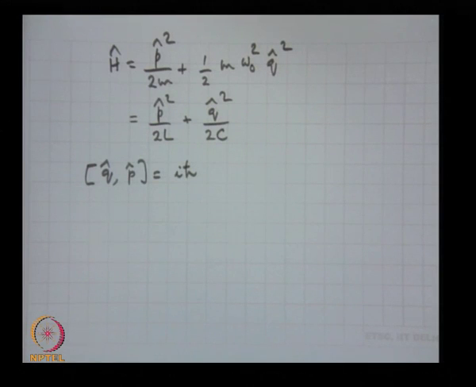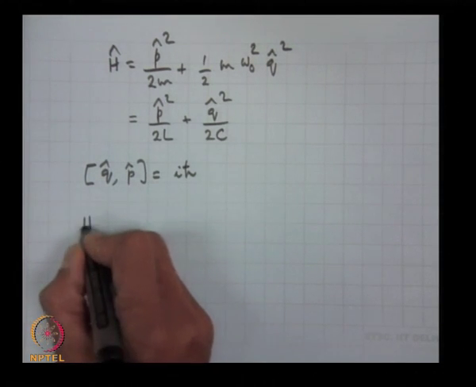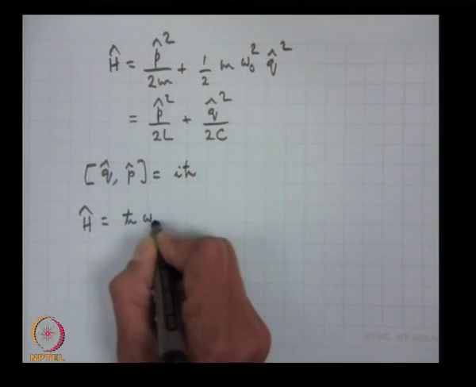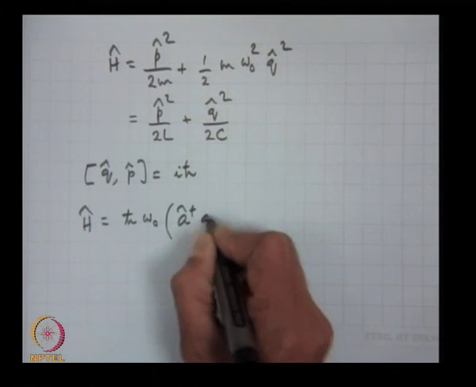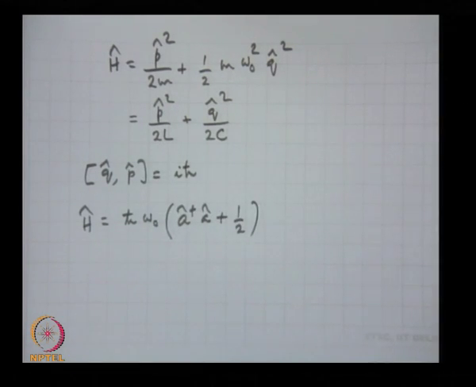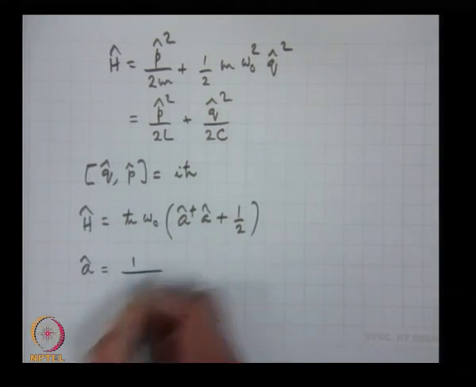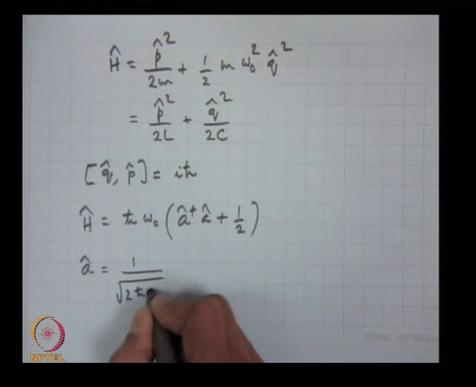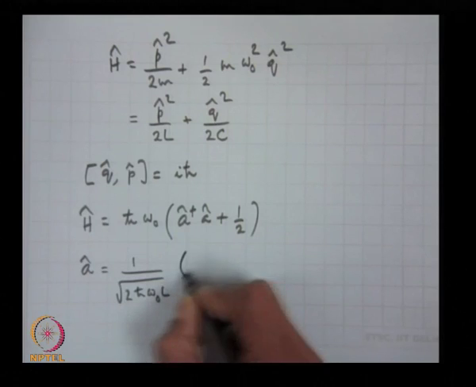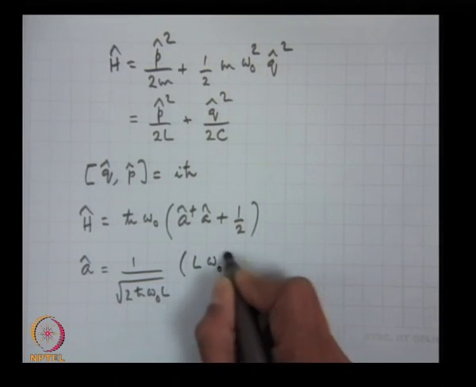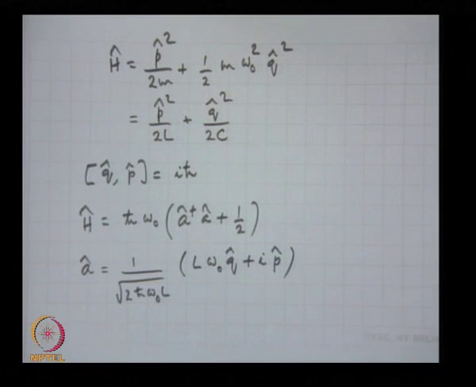I can find the eigenstates of the Hamiltonian operator, and I will find that, for example, H will be h cross omega naught times A dagger A plus half, where A will be defined as 1 by under root 2 h cross omega naught L, times L omega naught Q plus i P. Remember, 1 by 2 m h cross omega naught, m omega Q plus i P. This is what I did for the harmonic oscillator.